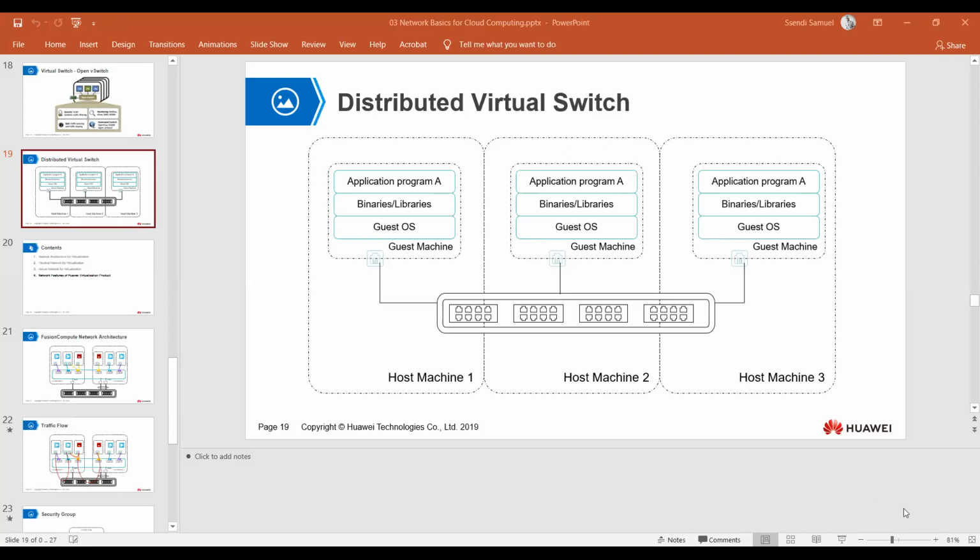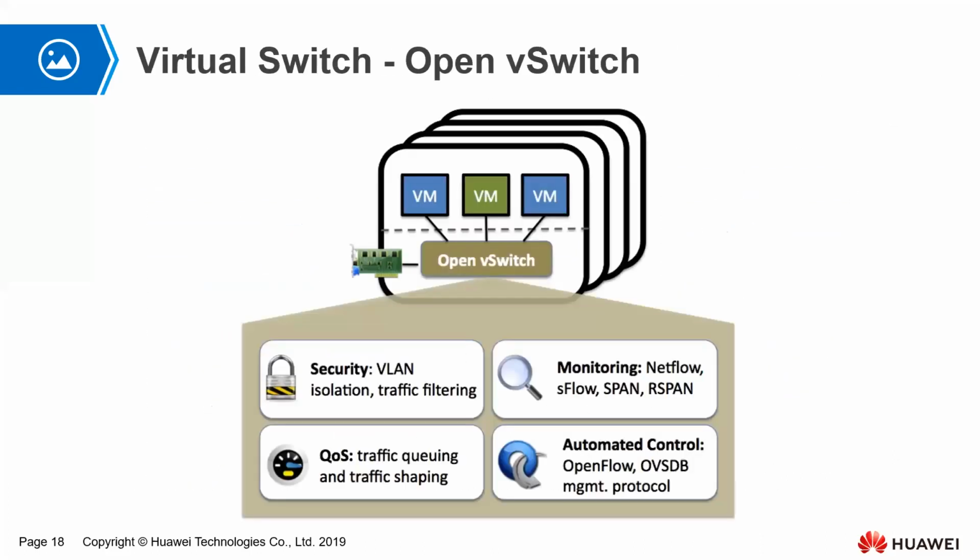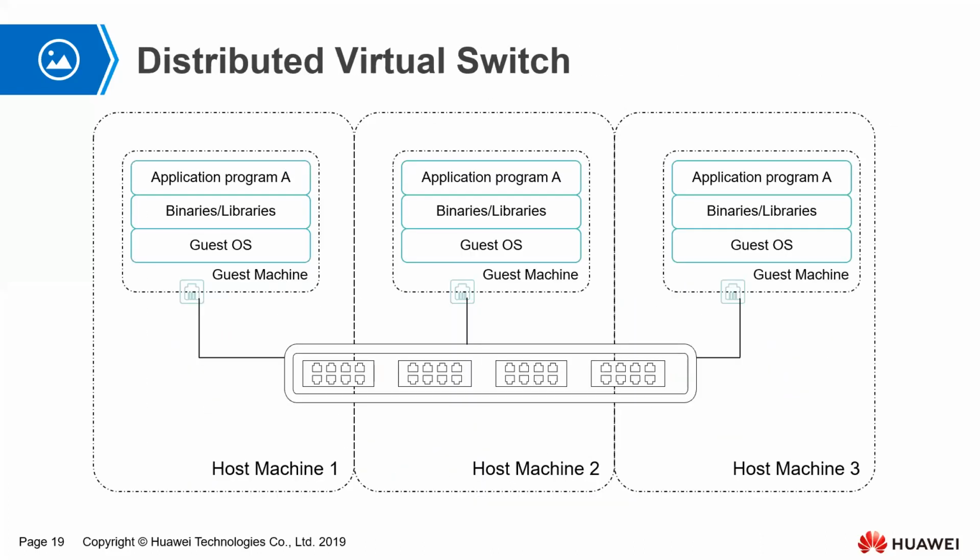Let me maximize my screen here. This is just a common virtual switch, and it runs only on a single physical host. Also, all network configurations apply only to those virtual machines within that physical host.